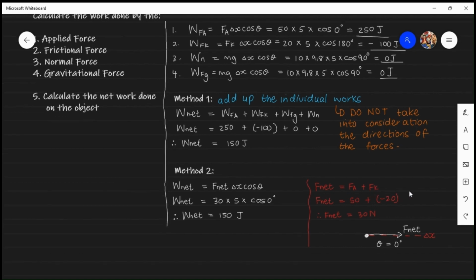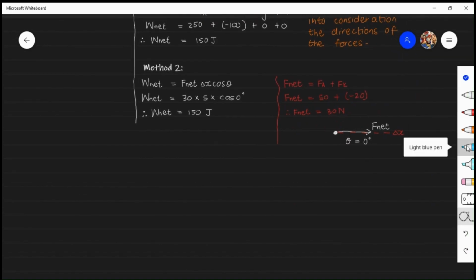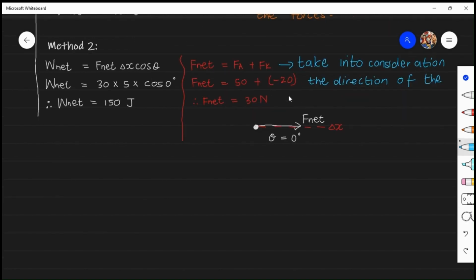Something important to take note of here is that when we are calculating the net force, we take into consideration the direction of the forces, because it is a vector. Now, our angle theta represents the angle between our net force and our displacement.